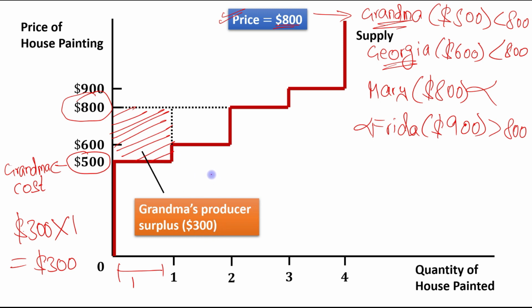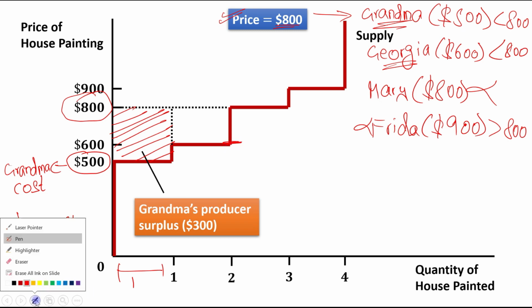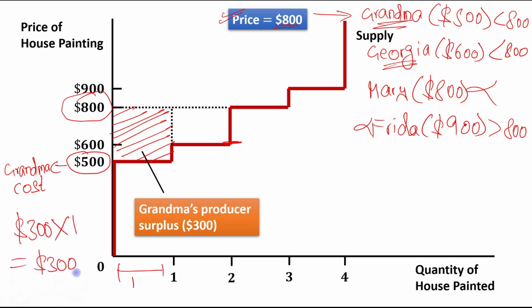Now let's see the producer surplus of Georgia. Again, the price offered is $800. Let's change the color. This is Georgia's cost, which is $600.